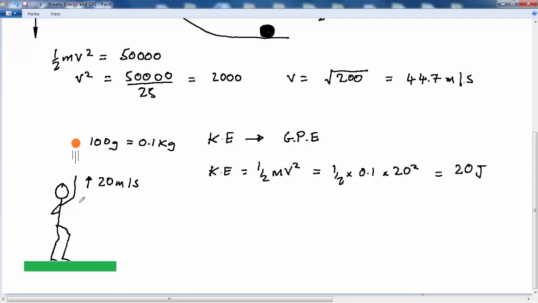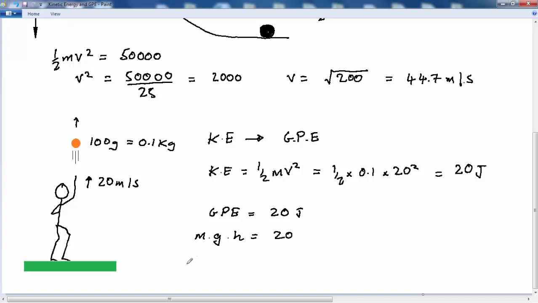Okay, so we then say that what the ball then does is it acquires 20 joules of gravitational potential energy. So we can say that when the ball is at the highest point in its trajectory, its gravitational potential energy will be equal to 20 joules. The expression for gravitational potential energy is m times g times h equals 20.